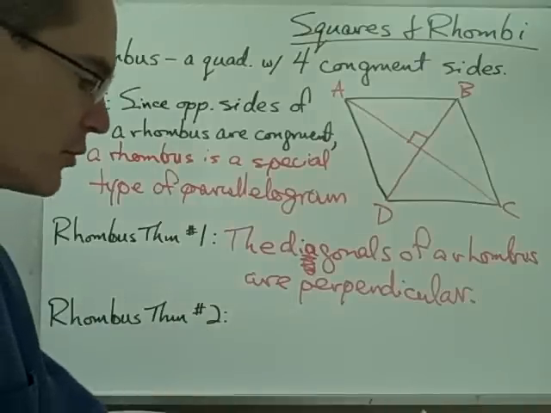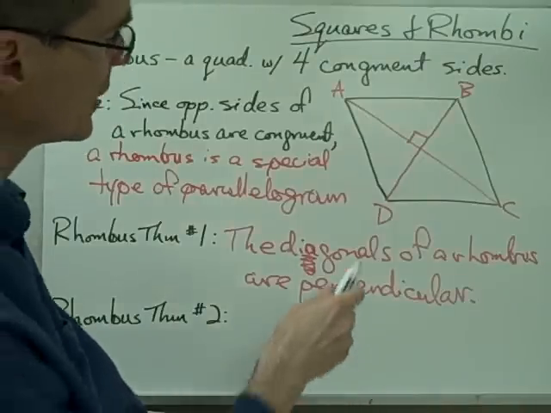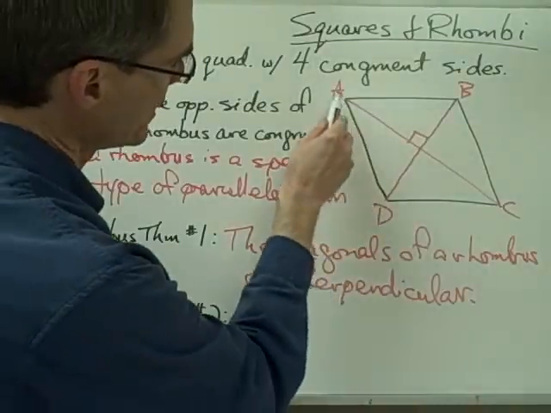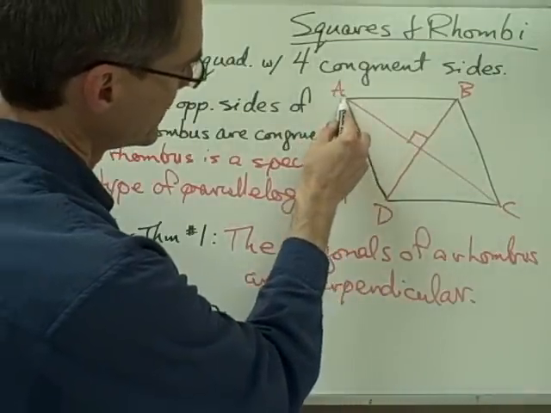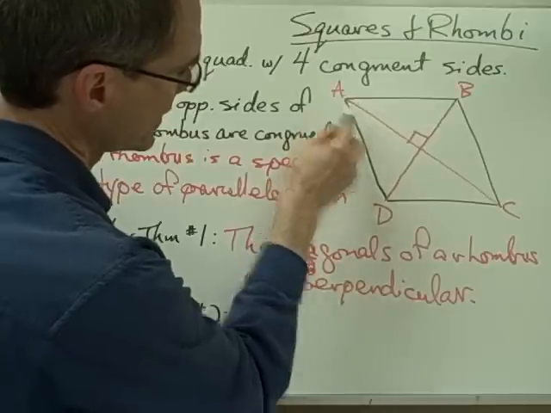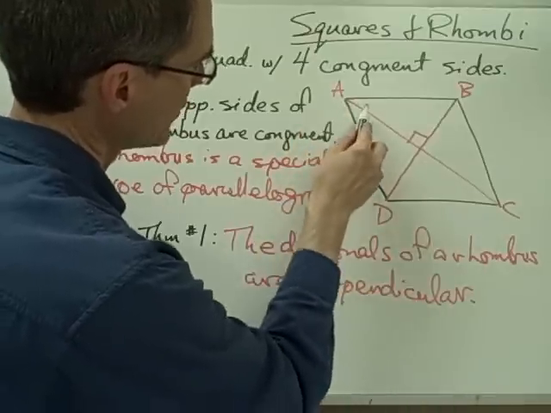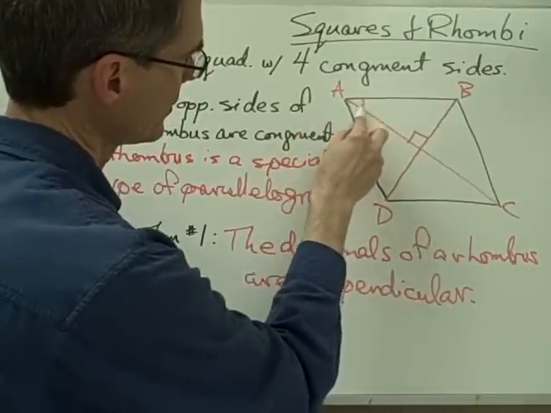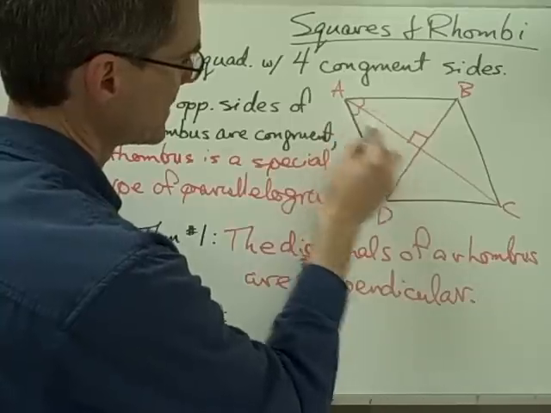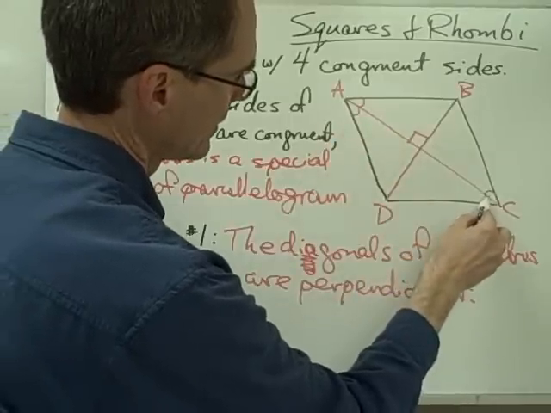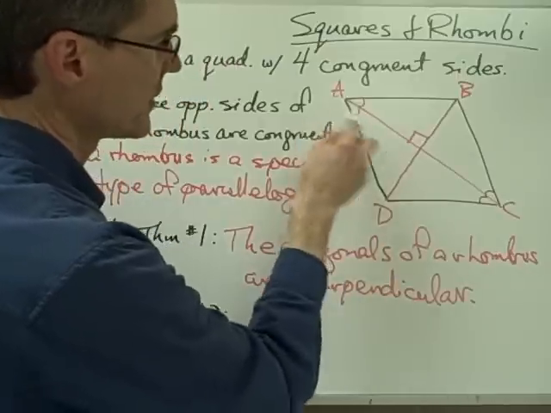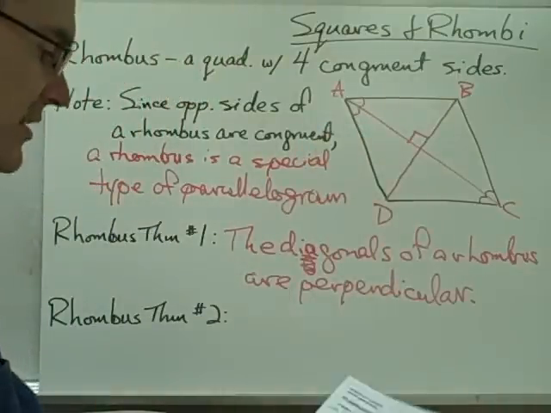Rhombus theorem number 2 also has to do with the diagonals of a rhombus, but here it has to do with the diagonals of a rhombus and where they intersect in these corner angles here. And in particular, what we're going to find is that where the diagonals intersect in these corner angles, it bisects those angles.